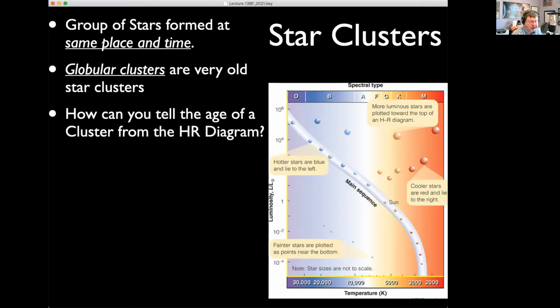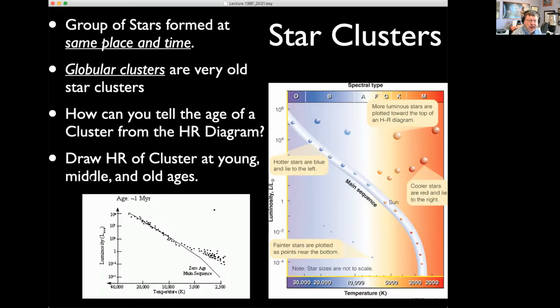The turnoff point, that's correct, Michael. You can tell because of the turnoff point. So Andrew, the thing is, if all of the stars in the cluster are the same age, and let's say the cluster is 10 billion years old, well, if you're a blue supergiant, an O star, you don't exist anymore because you blew up billions of years ago.